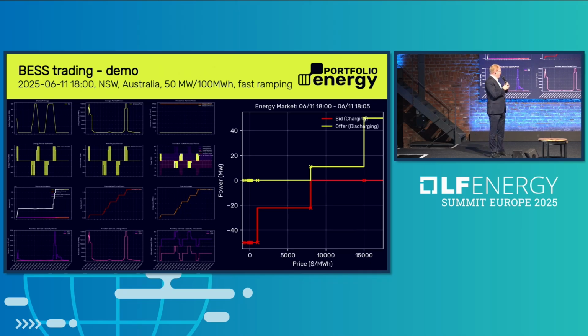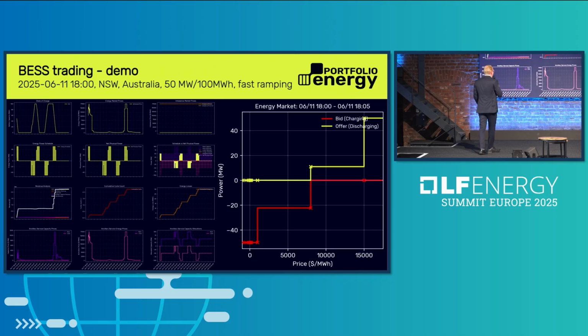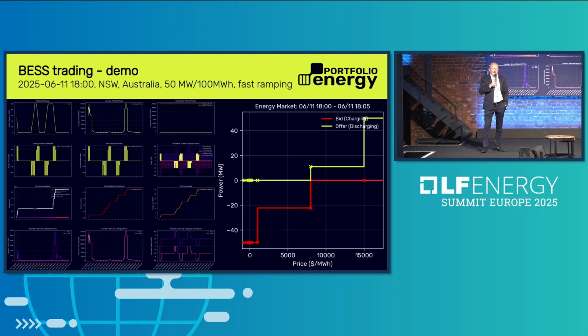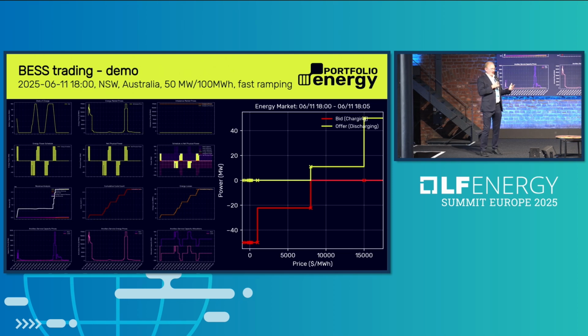And then what the algorithm does is it takes in all that information. It takes in current estimates of state of charge of the battery. You will see a graph with the state of charge in the top left there. And then it figures out, given the information available to it, what the optimal bidding strategy is for the next market interval.